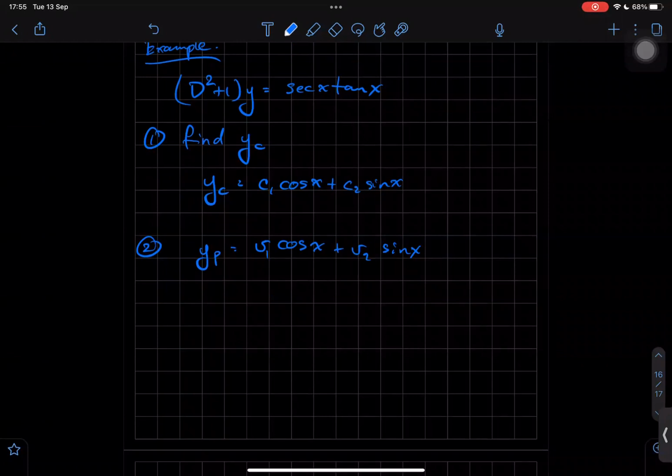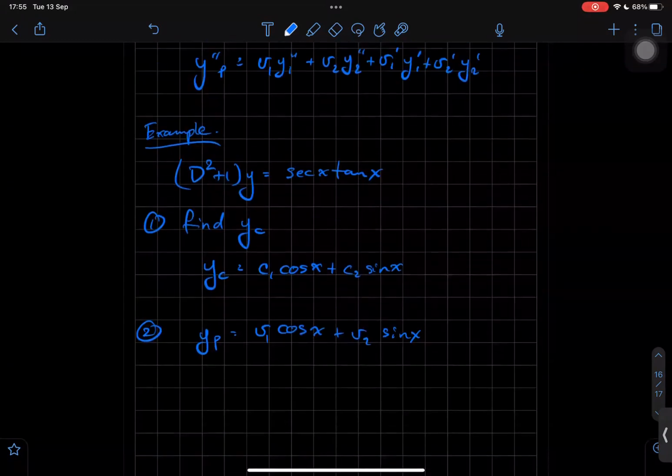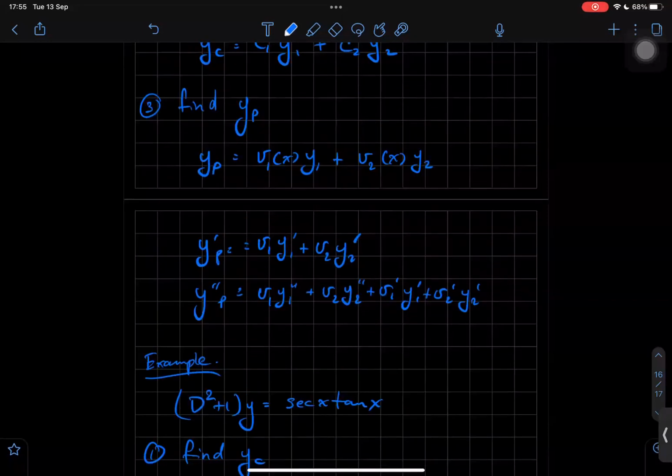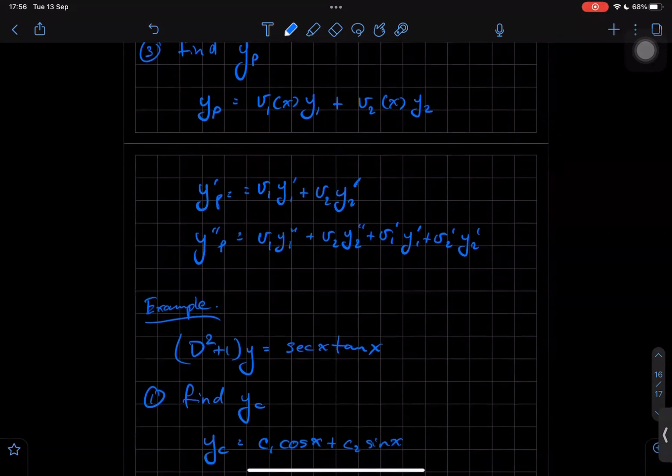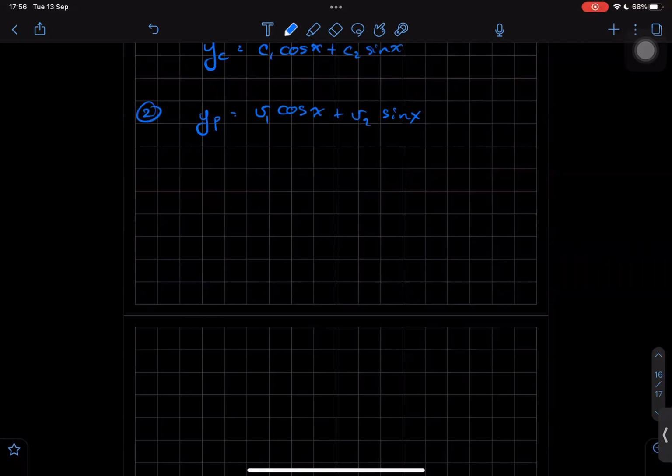And when you plug everything in, you will get two equations.